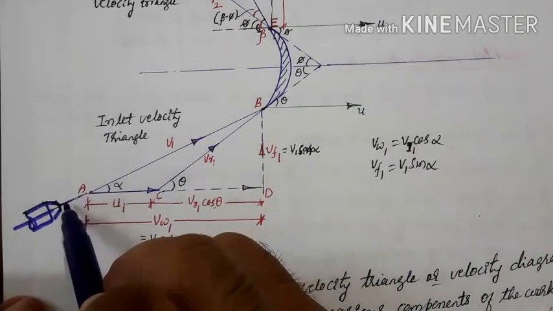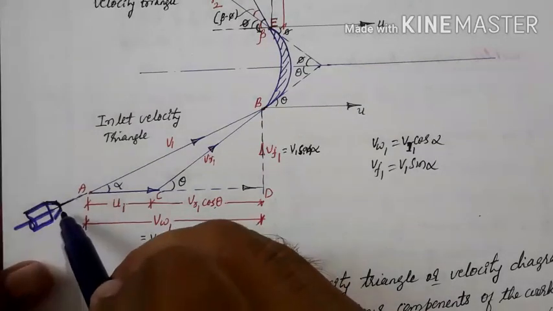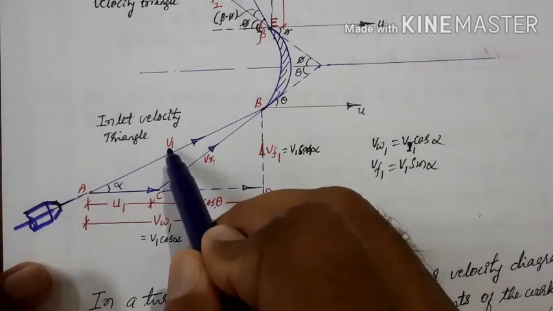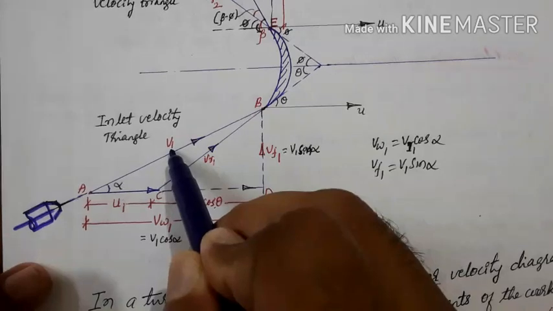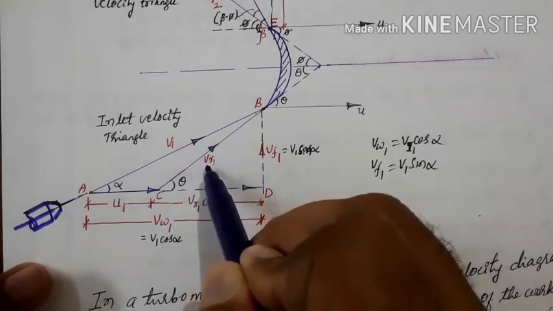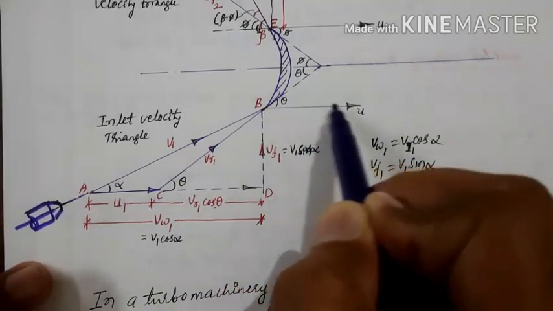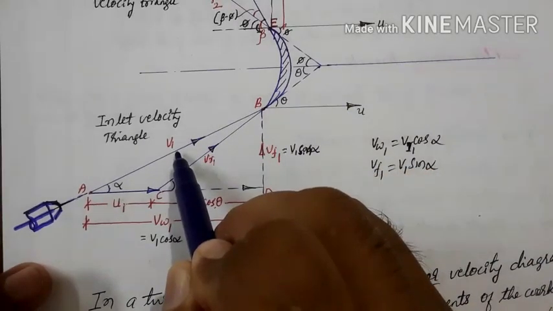Here from the nozzle, the jet is coming out with a velocity v1. This is called absolute velocity, but the jet is not striking the vane with this velocity. It will strike with a velocity called VR1, that is relative velocity, because the vane is also moving here. Both the vane and the jet are moving.